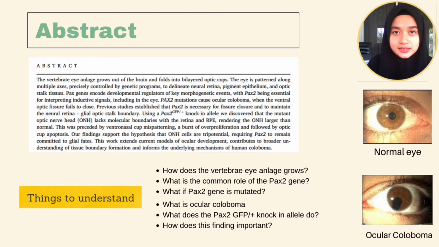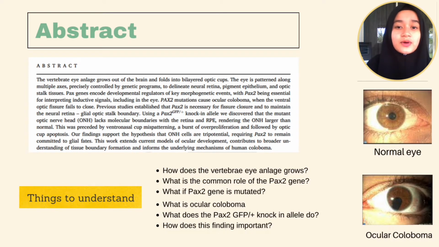In this article, the researchers are using a few mutated mice, such as the PAX2 GFP plus knock-in allele, and when this mutation was induced in the mice, they observed a few defects happening, which proved to them that the absence or lack of the PAX2 gene can actually cause multiple diseases. From there, we know that the PAX2 gene has multiple roles in eye development.